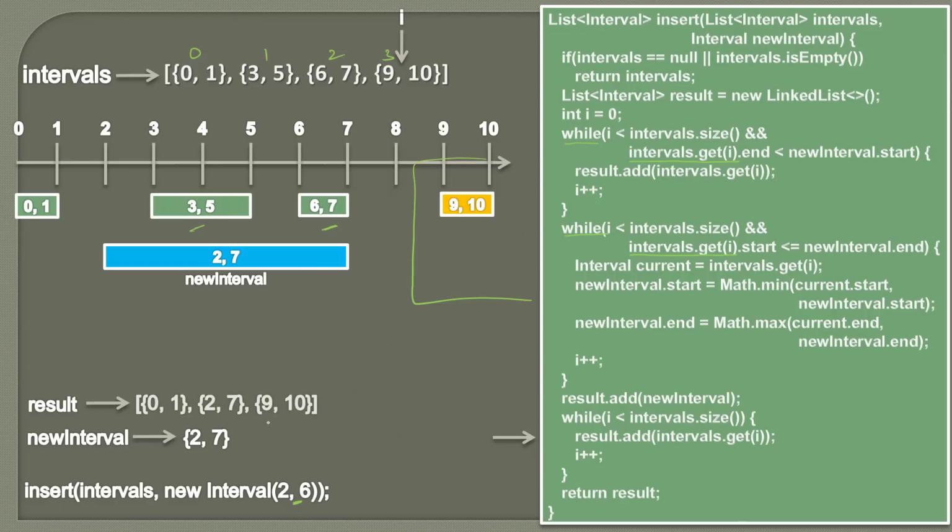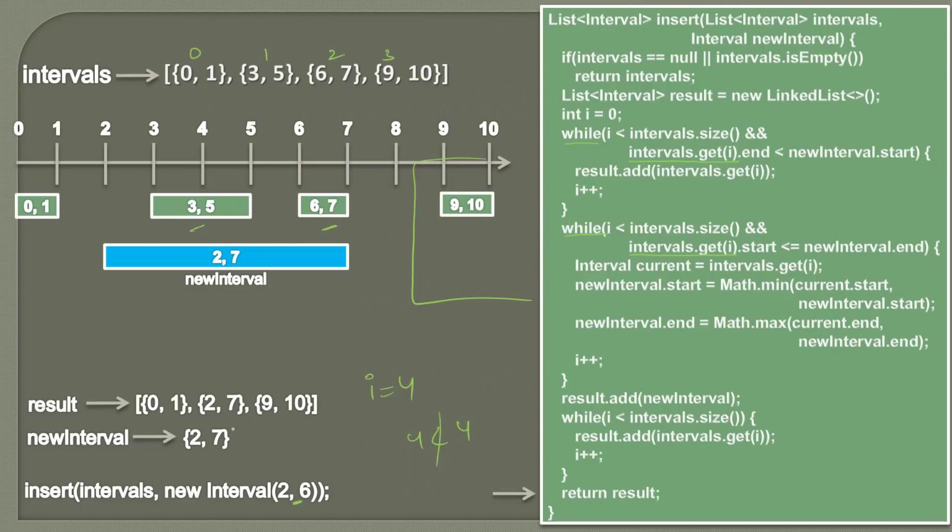So it looks something like this. And then we increment I. So I goes beyond the boundaries of this interval list. And now this while loop condition comes out to be false, because the value of I is 4 and intervals.size is also 4. 4 is not less than 4. So this condition comes out to be false.